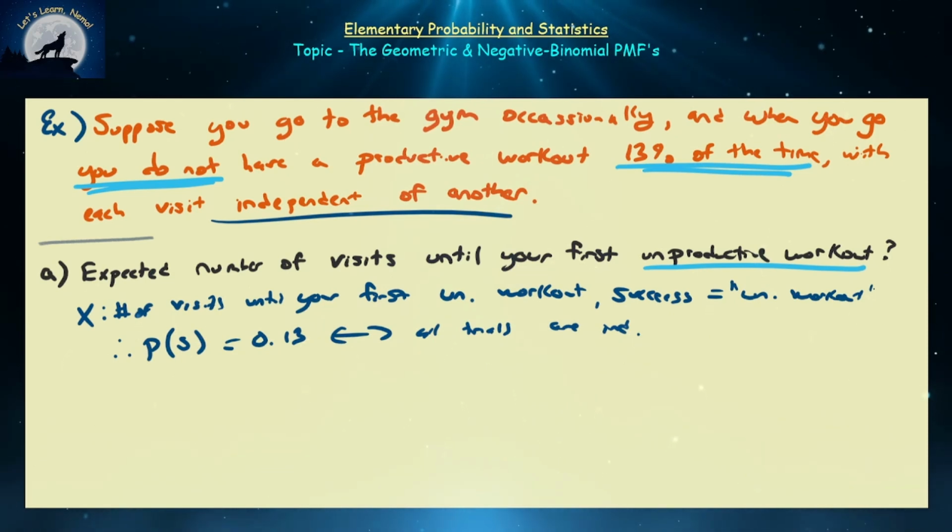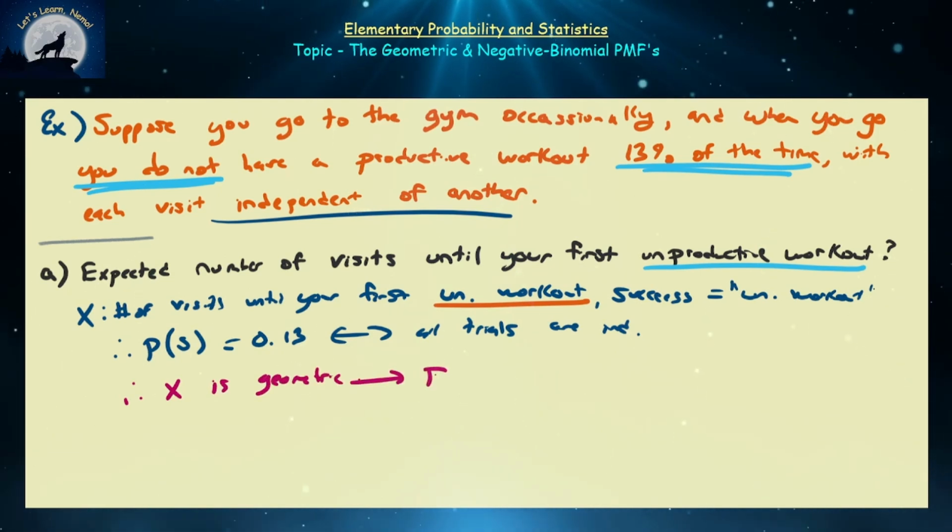If it's not, usually we assume so and accept the consequences if that assumption is not met. Or you can build conditional probability mass functions, which are a little more advanced, which we'll get into another time. So x is the number of trials until your first success occurs, the probability of success is 0.13, and all trials are independent. By definition, x is geometric.